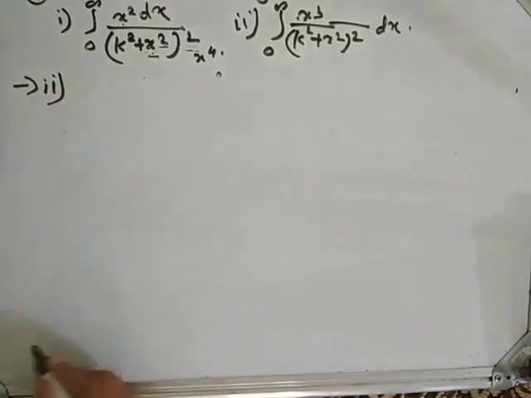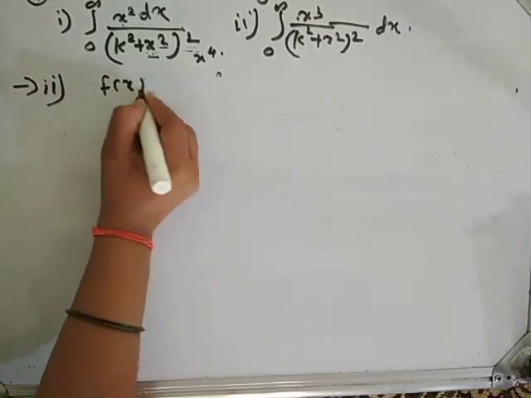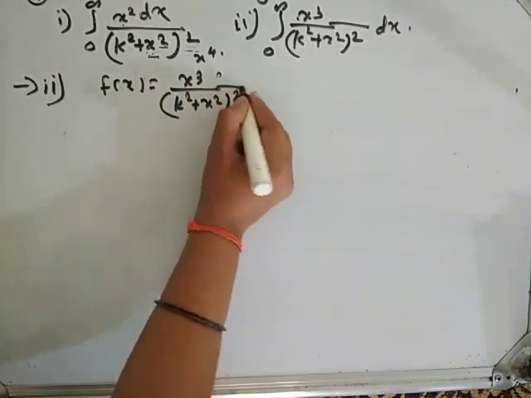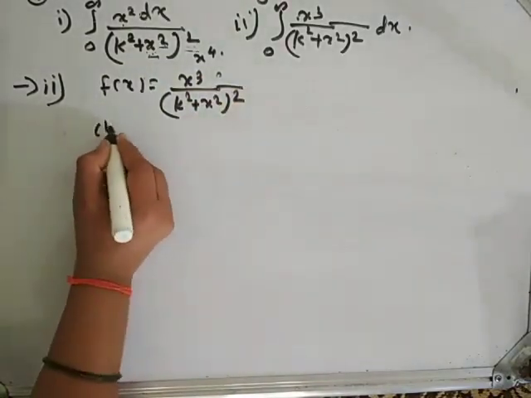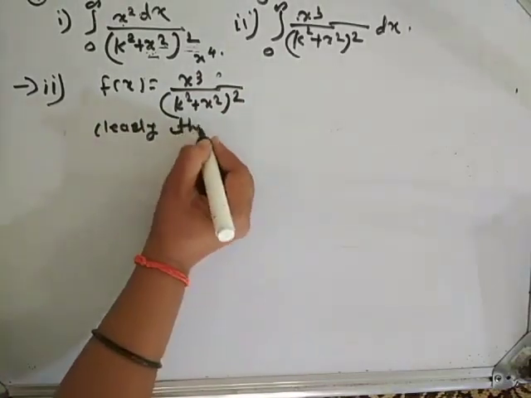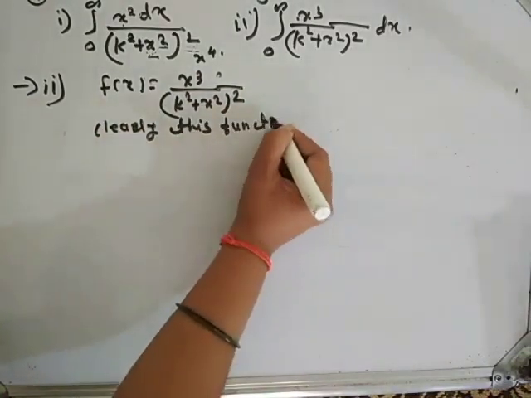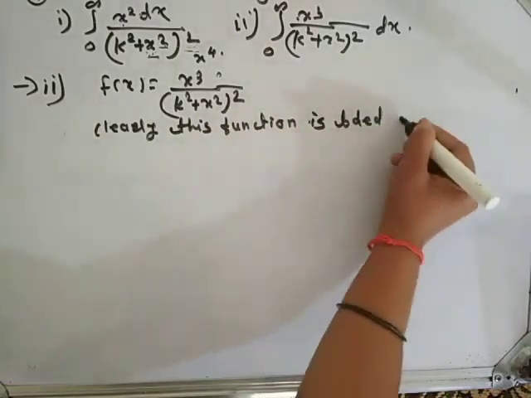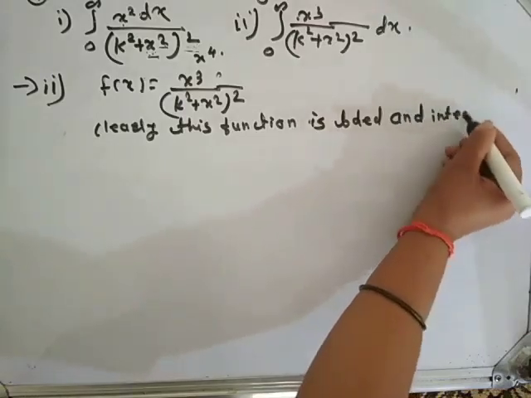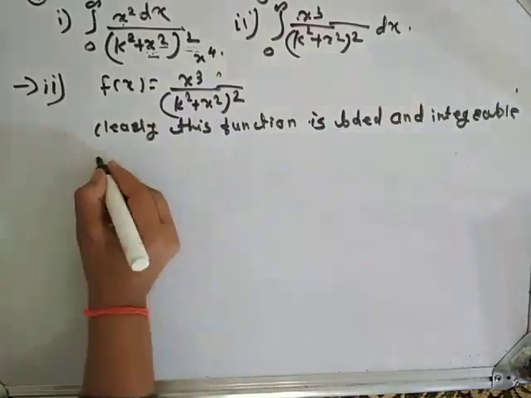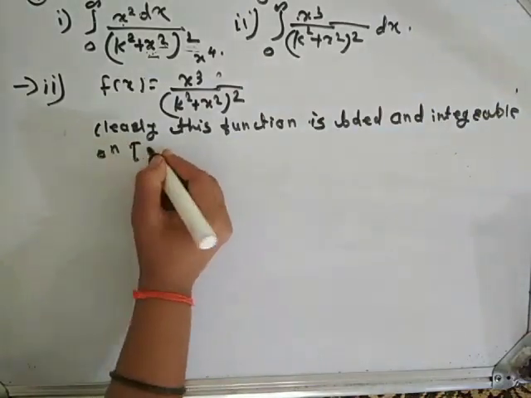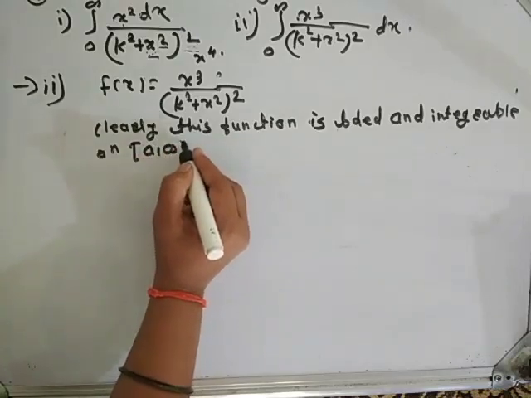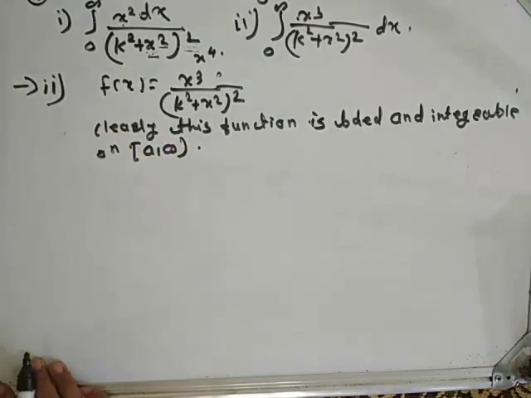Now we will solve the second example. Here f of x is equal to x cube upon (k square plus x square) whole square. Clearly this function is bounded and integrable on the interval a to infinity.